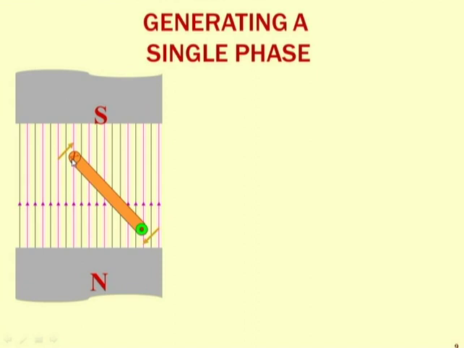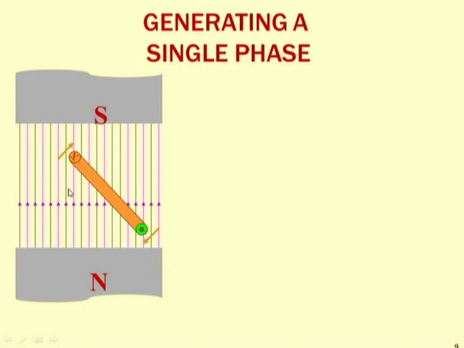What it means? Earlier in the previous half cycle, the current was coming out through this end. Now it is going in at this end, and the current which was going in at the other end will come out of it. In the previous case here it was cross, now in this case here it is dot. So what is the difference?